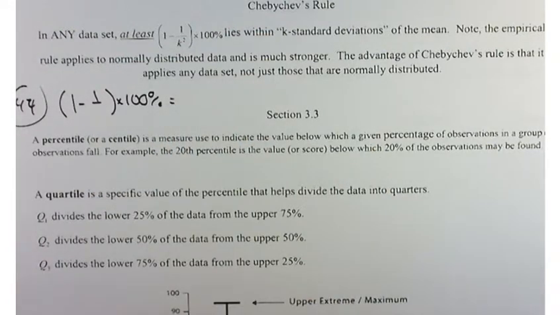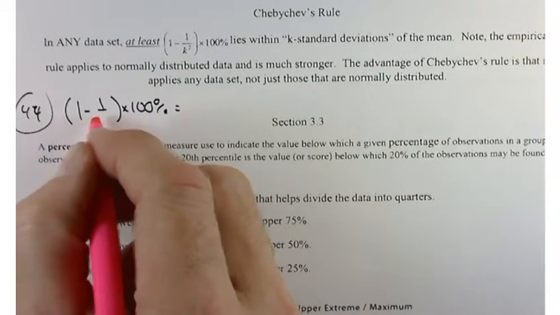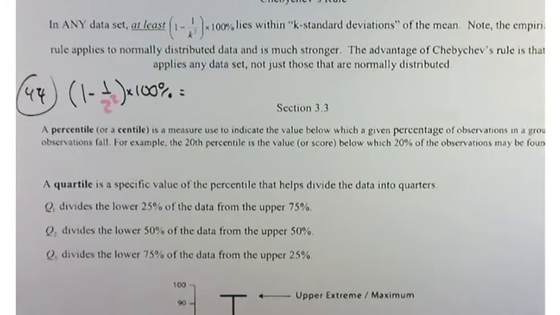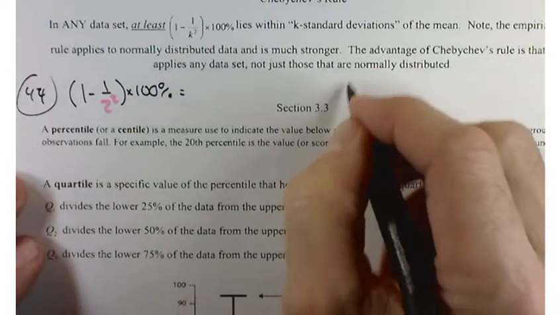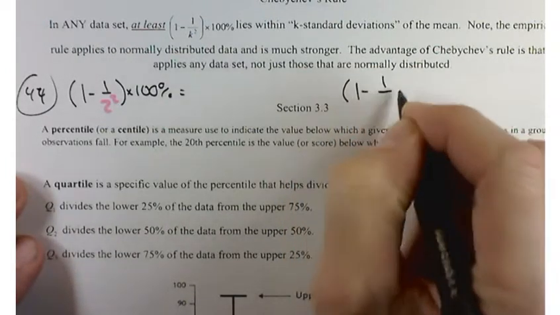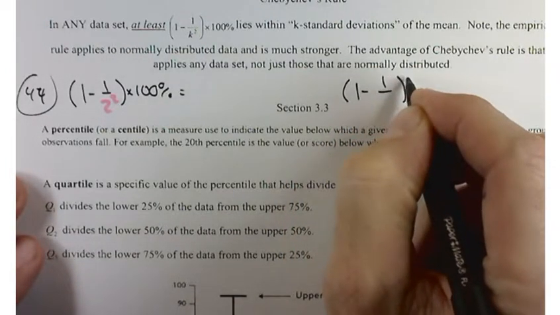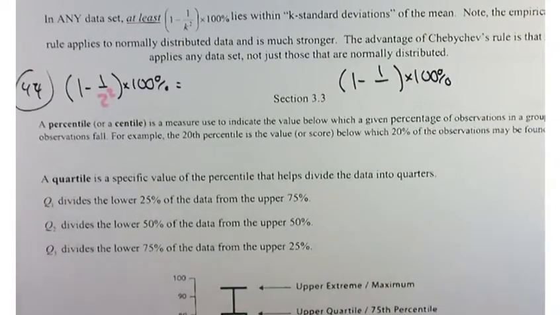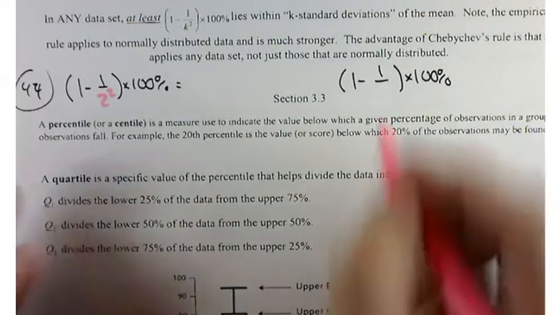So basically, you're going to plug in a 2 there for k. 2 squared. So 1 minus 1 over 2 squared. And if you conquer that hill, then try the next one. 3 standard deviations away from the mean. You can round your answers off to the nearest percentage.